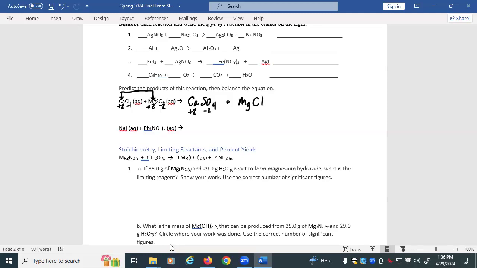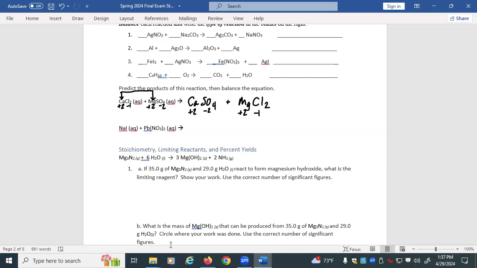Since the charges are balanced, I don't need to do anything further. The formula for calcium sulfate is CaSO4. Now for magnesium chloride, the magnesium was +2, so it stays. The chloride is -1. Now we recognize there is a mismatch of charge. I need to cross them up, and by crossing them up, I get a 2 here on the chlorine to give us the correct formula.